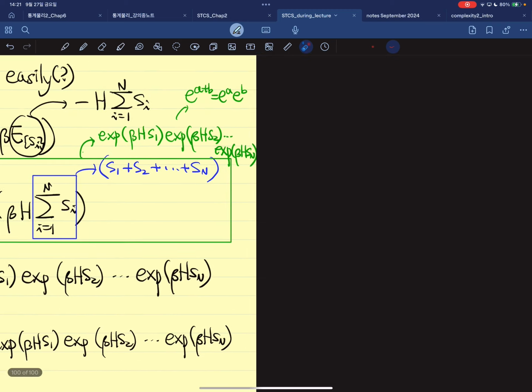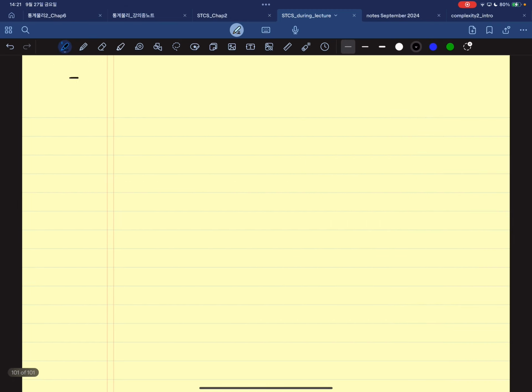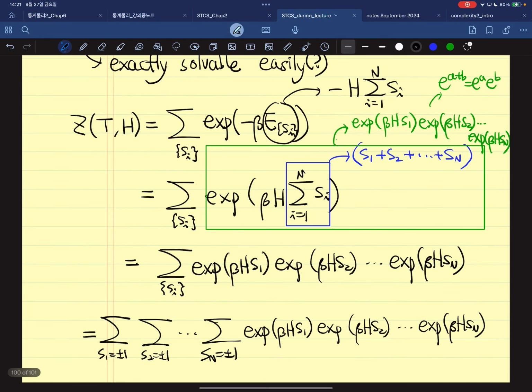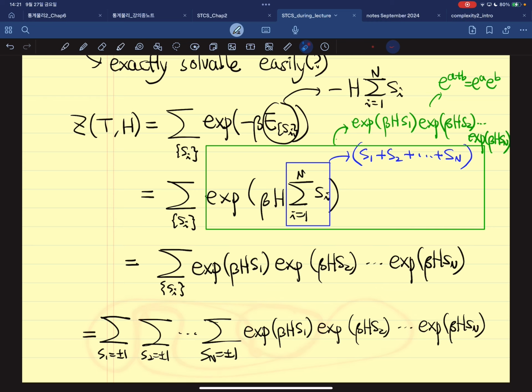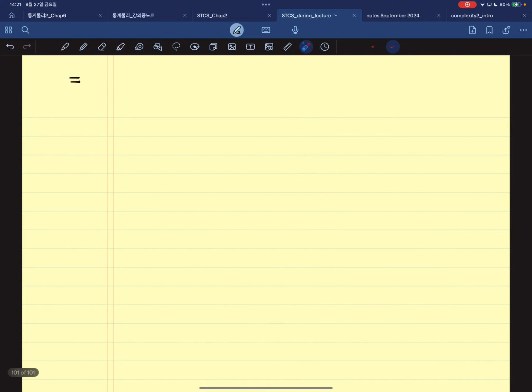So you can change the order of summation by taking this one first and this one second, etc., and put them all together. Maybe it doesn't really ring a bell.